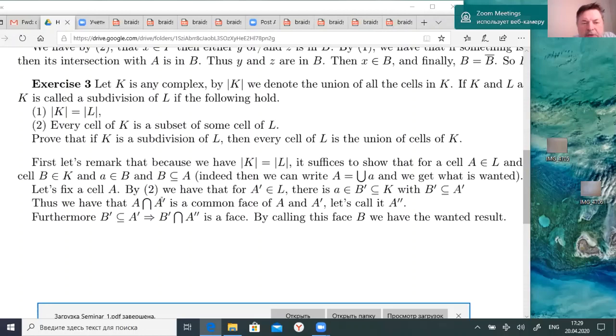You can just call this B, and it will be the cell that you need. Yes. So there is one step which is not useful. Yes.